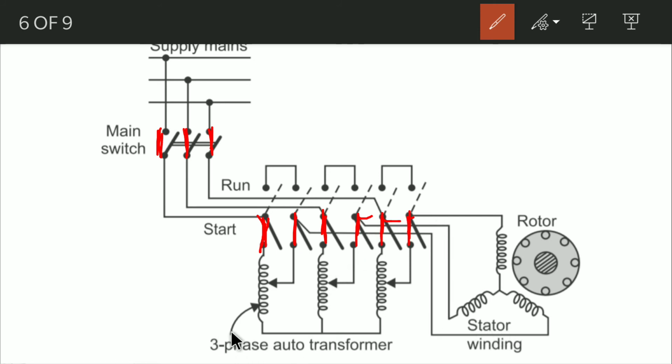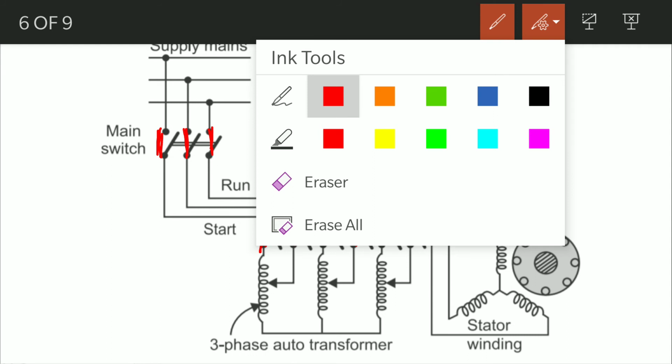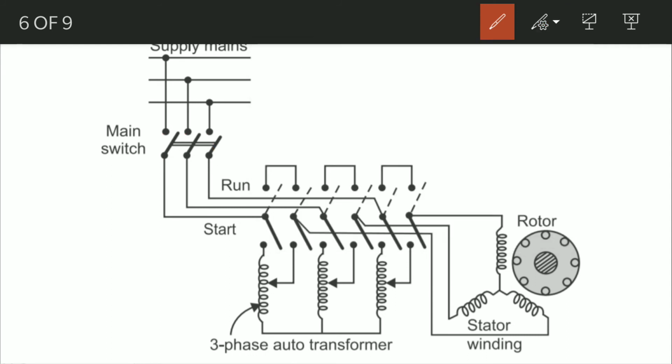Now once the motor picks up speed in this connection, we go on increasing the voltage by auto transformer, and voltage is increased to rated value, say. In the meantime, the motor picks up speed, EMF is induced in it, current is controlled, and then once the motor is attaining speed, we change the position of double throw switch, and it is connected to upper terminals.